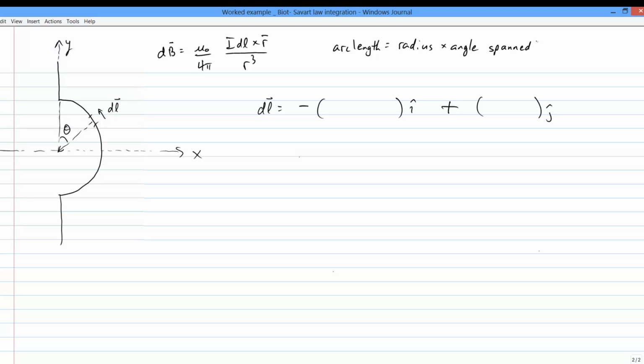So a differential arc length, the length spanned by a differential angle, is radius times d theta. Thus I put in the magnitude of dl in each term, and all that remains is to figure out which one goes like sine and which one like cosine. I suggest making a bigger picture so that we can do some careful geometry and find out how theta is arranged with respect to dl.